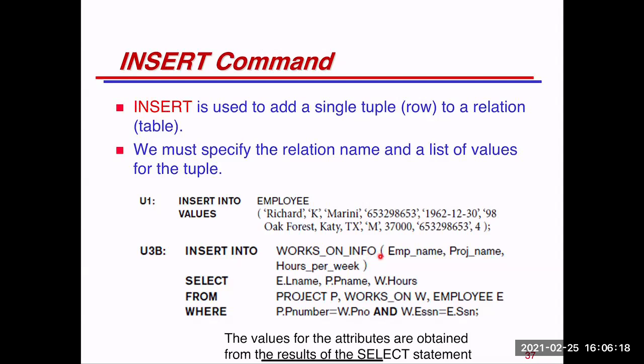And now we have these attribute names here, and the values for these attribute names are the result of this query down here. This is often used to insert derived attributes. If you remember from our discussion of the ER model, a derived attribute is one that you can compute from other attributes.